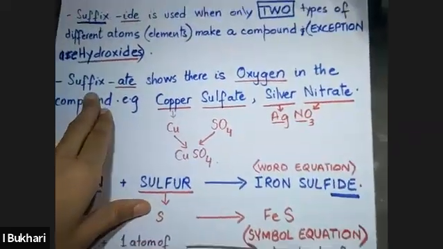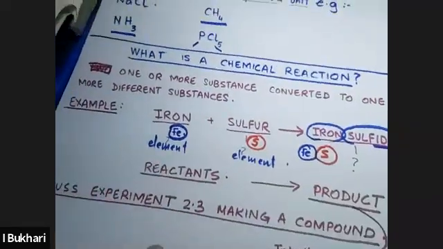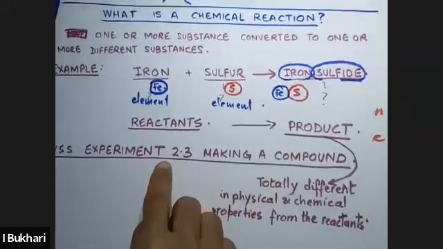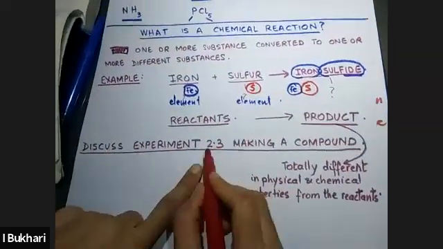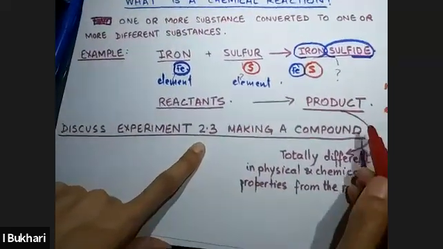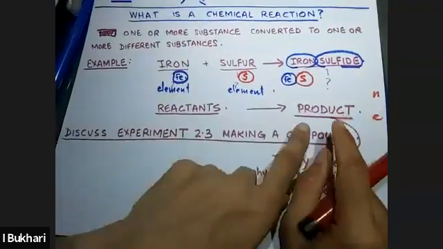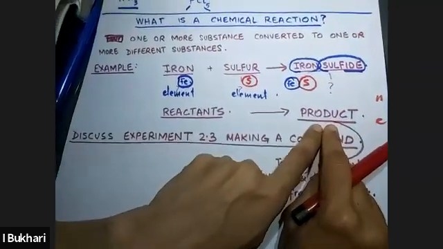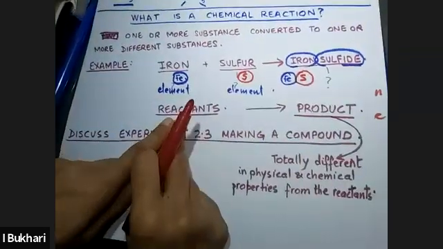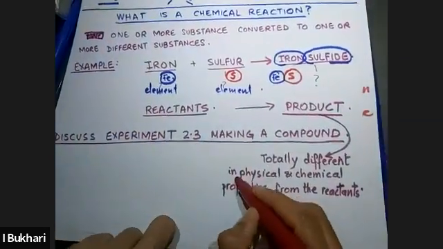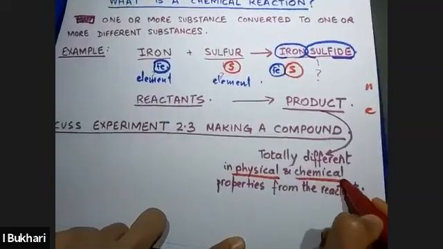Now, I'll do the rest of it later. But first of all, let's discuss experiment 2.3. Before we start, another thing I want to talk about is that the product you get at the end of a reaction is totally different from the reactants, meaning it has completely different physical and chemical properties.